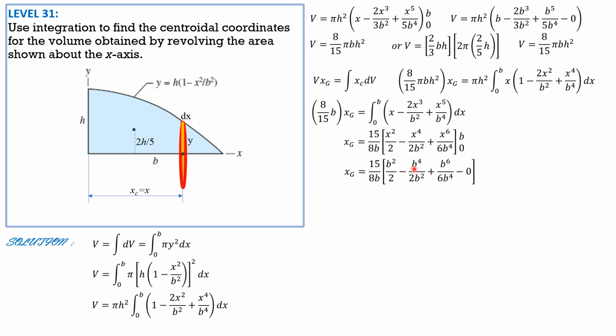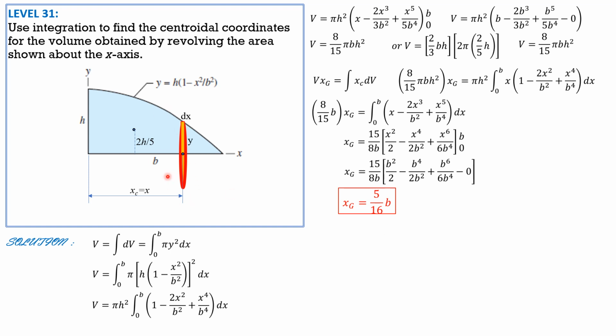So these are like terms, b to the fourth, and using your calculator there, because this will be cancelled, we have b squared over 6 as net value, b squared over 6, so 15 over 48, or simplifying, it is 5 over 16, 15 over 48 or 5 over 16b.